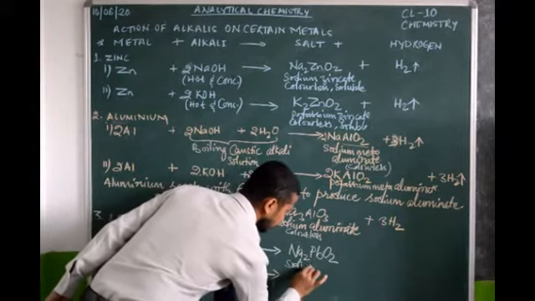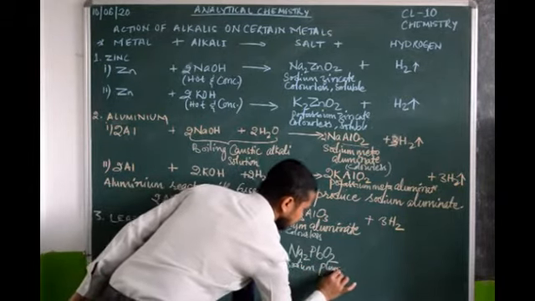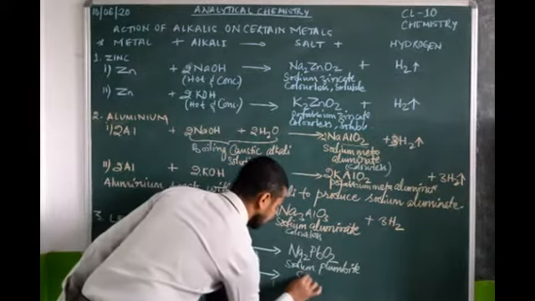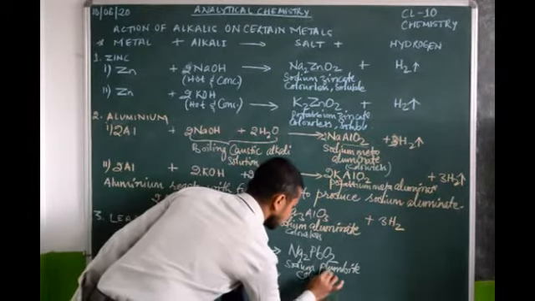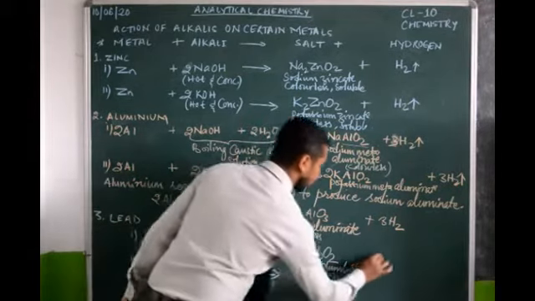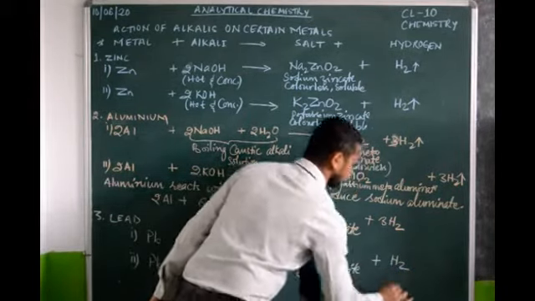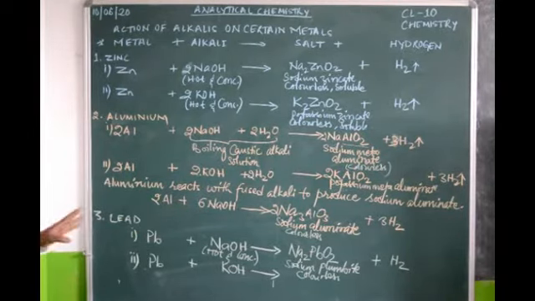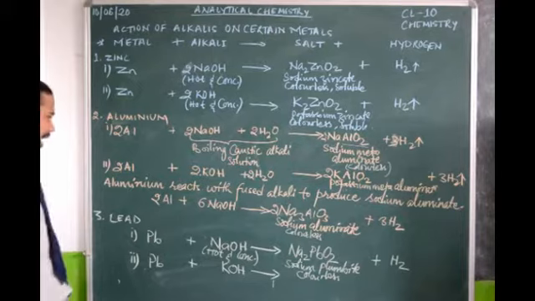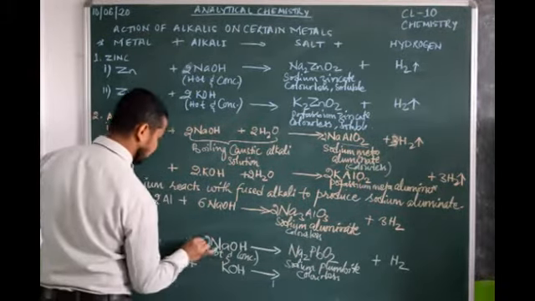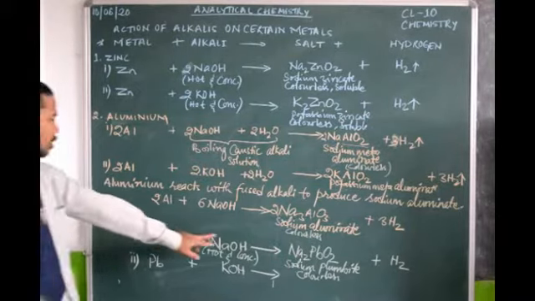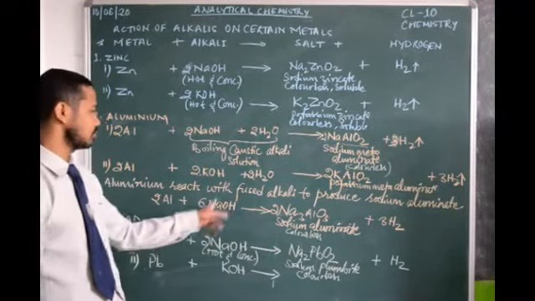What is the color of it? It is also colorless. Plus hydrogen gas. Na2, so make this 2. Then Pb1, then oxygen 2, hydrogen 2.